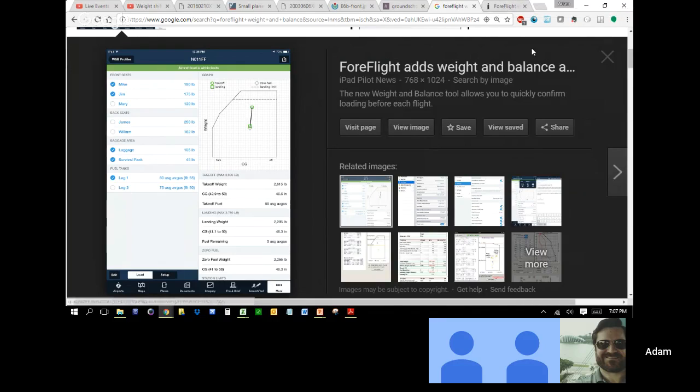Most of the time when you do your weight and balance in your flight planning will be when you have a fully loaded aircraft. 90% of general aviation aircraft that have 4 seats can't actually hold 4 people from a weight perspective, unless you compromise on something else like fuel.